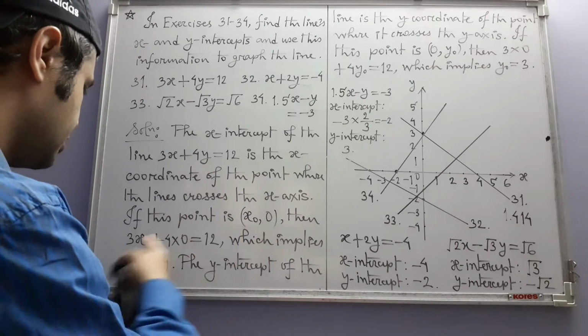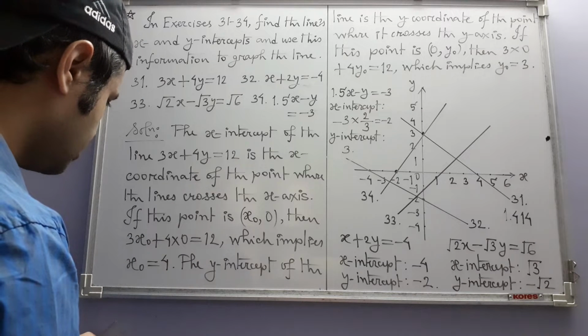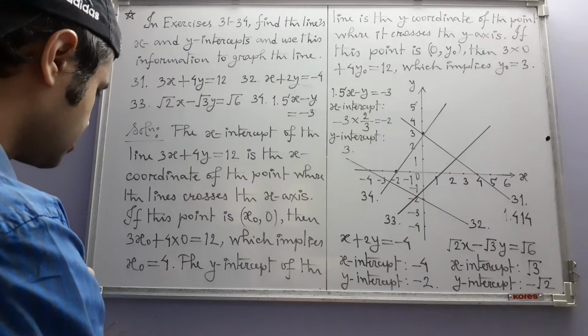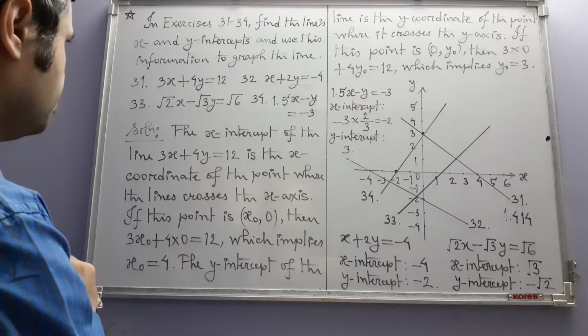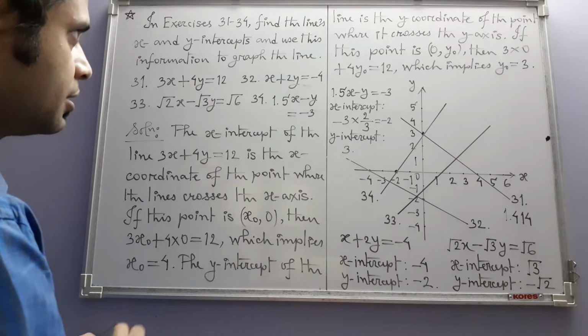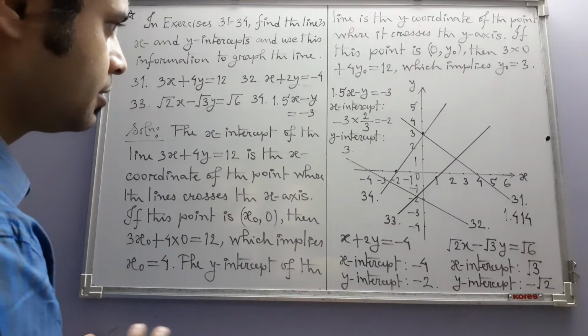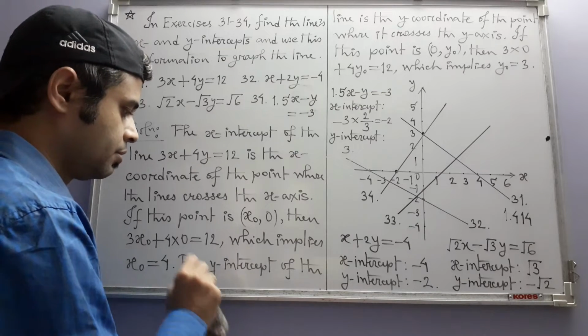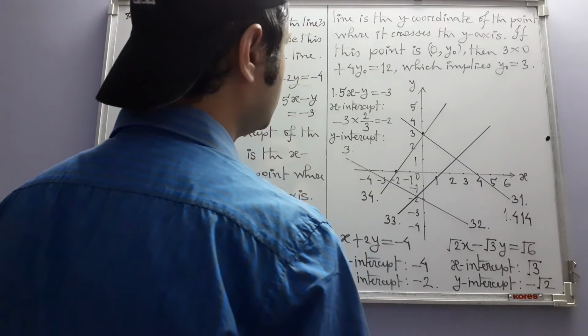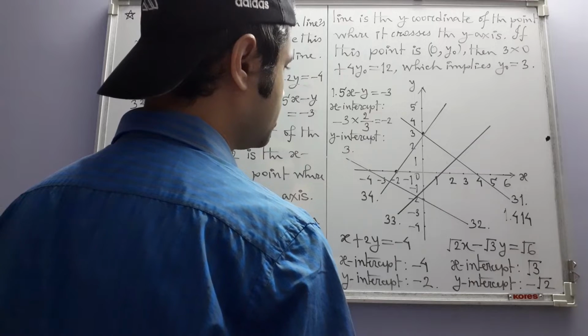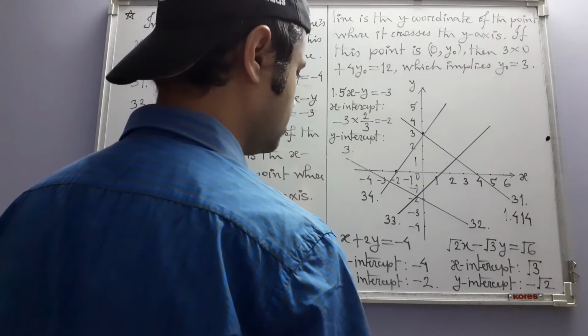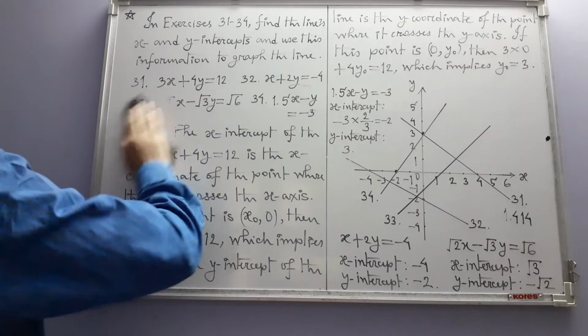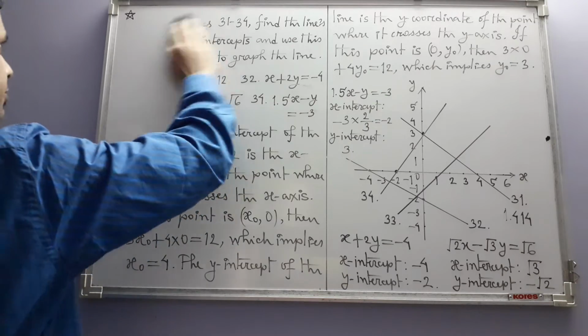So then of course it has to satisfy the equation. From there we are getting it's not equal to 4. And y-intercept, fine. So the idea, there is no problem with the concept. And what about the calculations? 3, 4, fine. Okay. So let's move on.